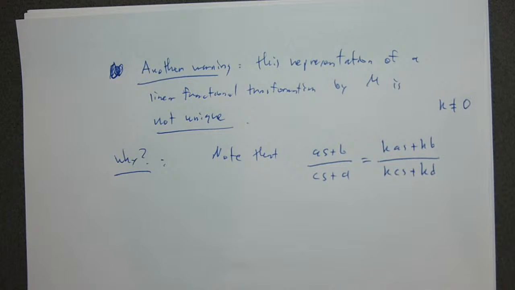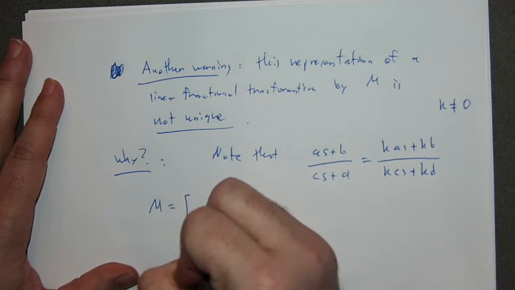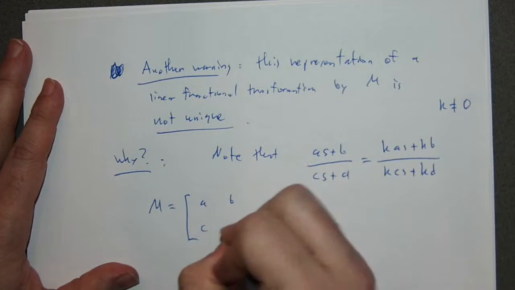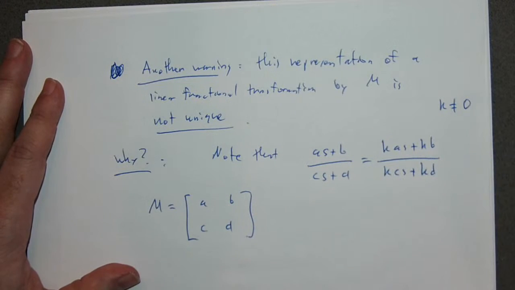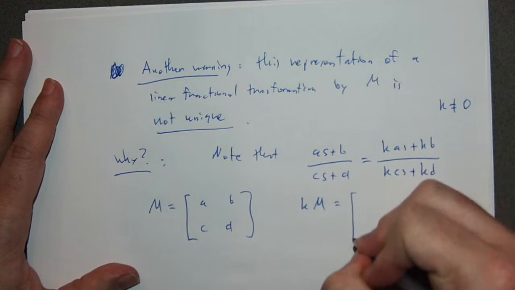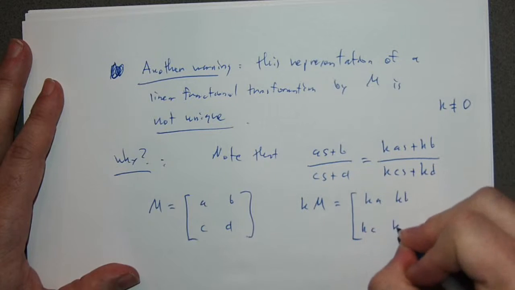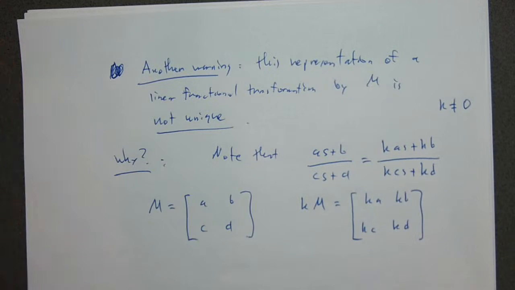And so, if my associated matrix on the left is A, B, C, D, my associated matrix on the right, of course, is k times M, which is kA, kB, kC, and kD. And so dilations of that matrix are perfectly fine. So the linear transformations kM combine the transformation M with dilation by this factor k.